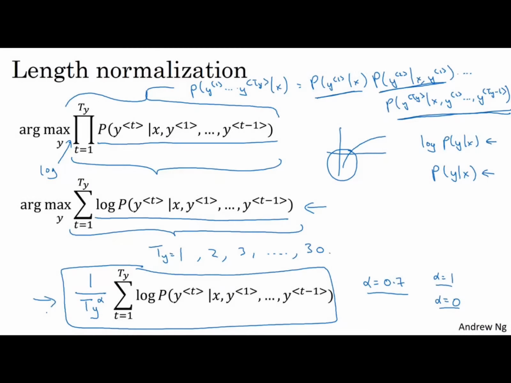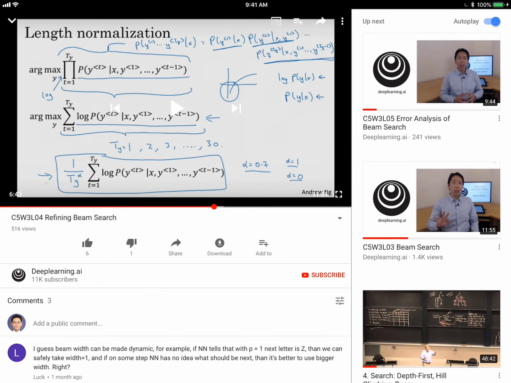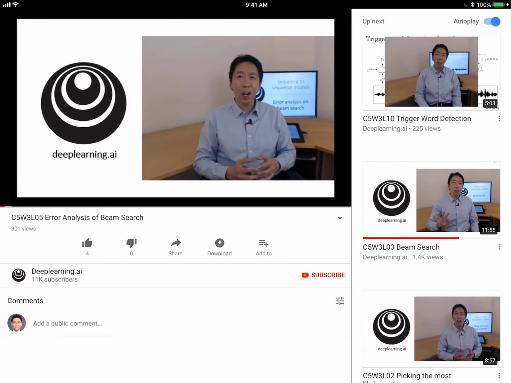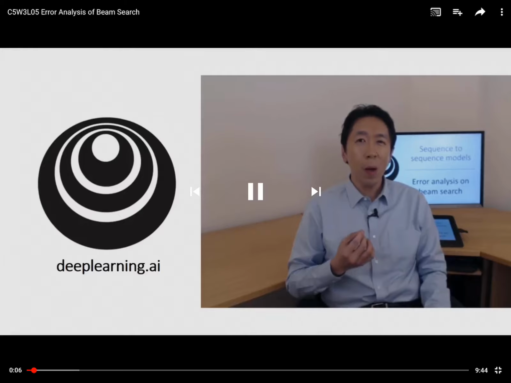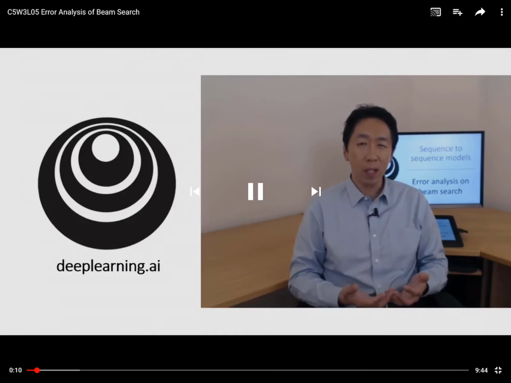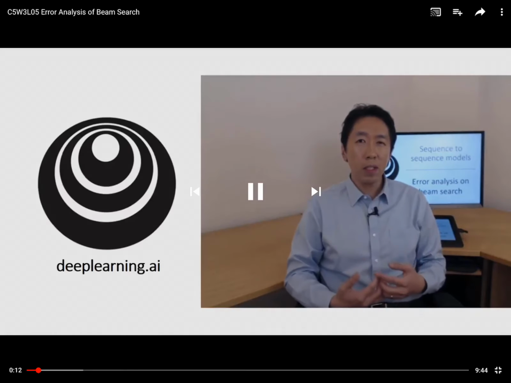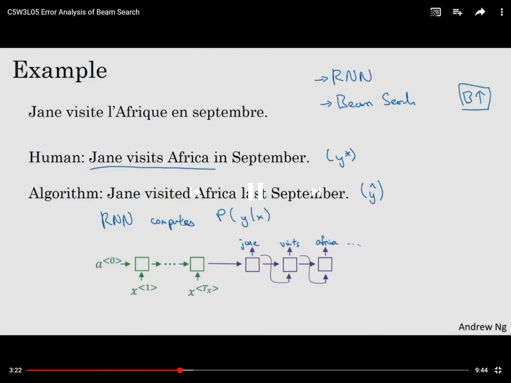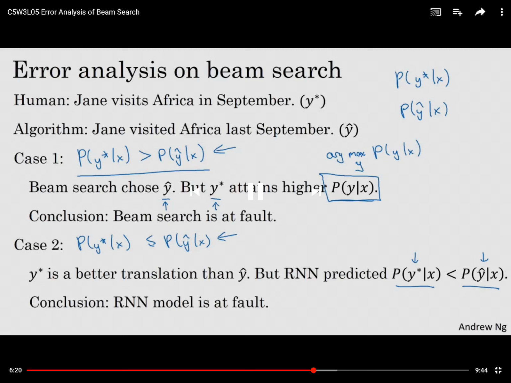And then in this lecture series there is another lecture about this beam search. It was also quite interesting, and I actually learned as well.